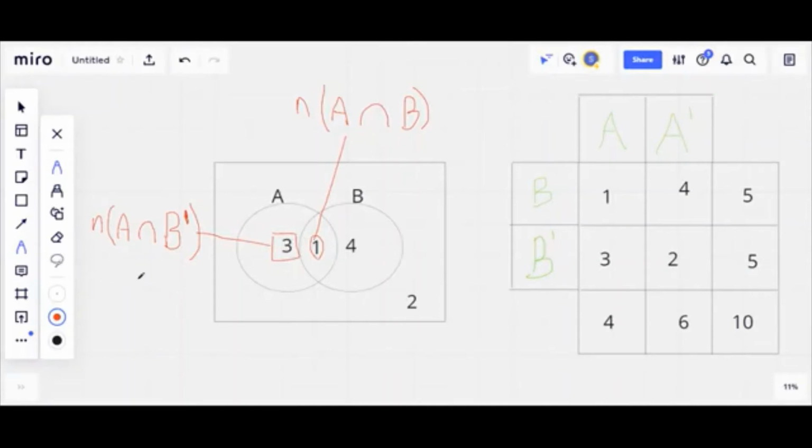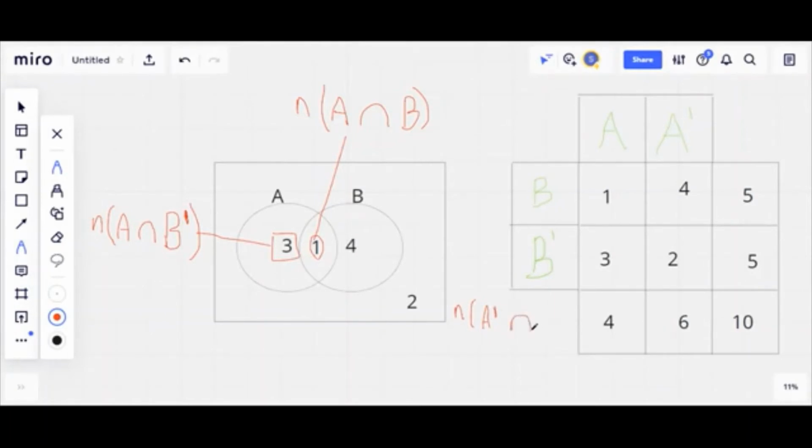So that circle cuts off here, so it's just A, which is this one here. So we'll have a look at B and not A. We'll write that the same way. Let's write that down in the corner here where we've got a bit of space. N of, we'll start with A, and then the apostrophe there.